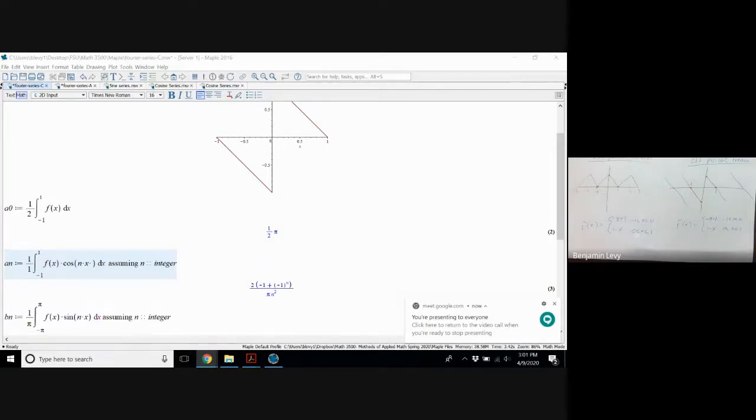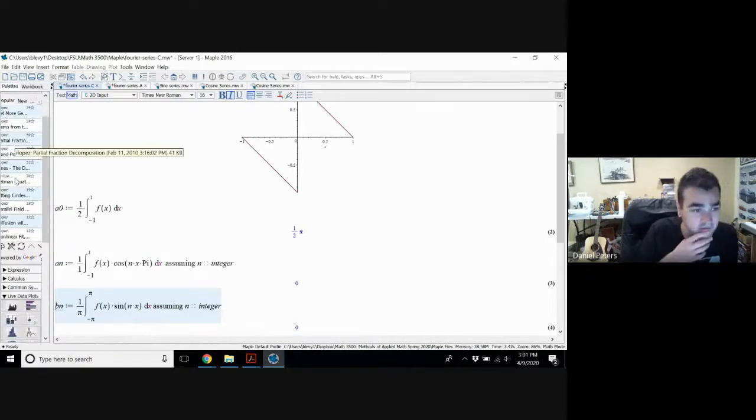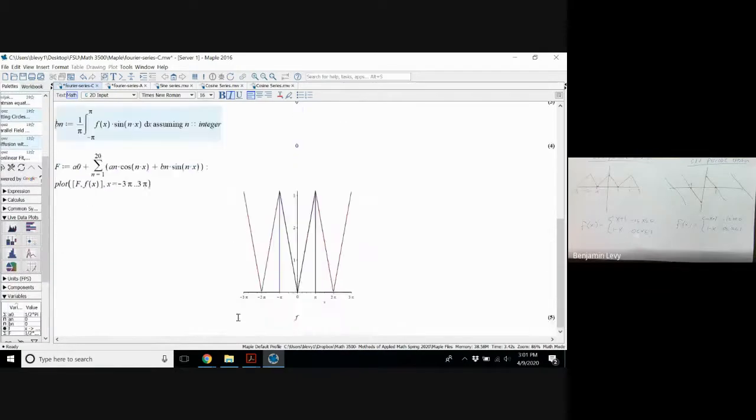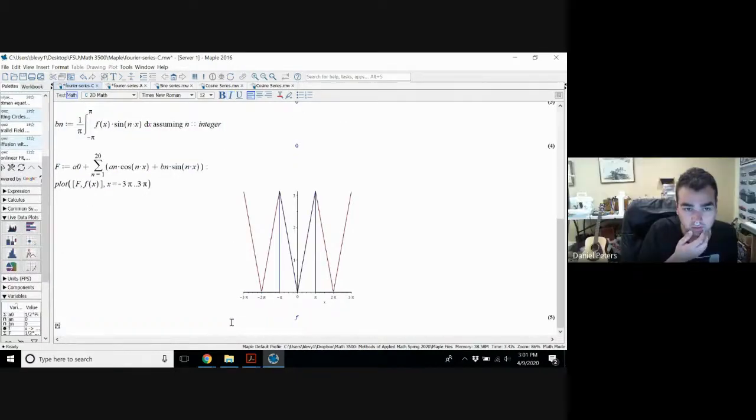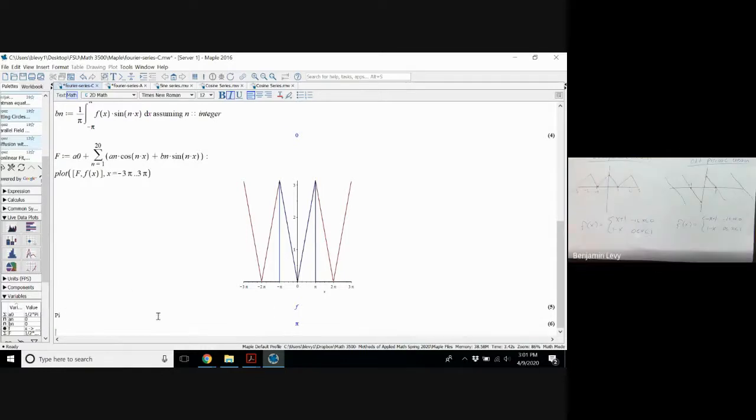Does anyone know how to do pi in Maple? I'm trying to look it up. Oh, it needs to be capitalized. It's under common symbols on the left, but I don't know if that's considered the actual thing. I think it's just capital Pi. I did capital Pi, hit enter, and it showed pi.